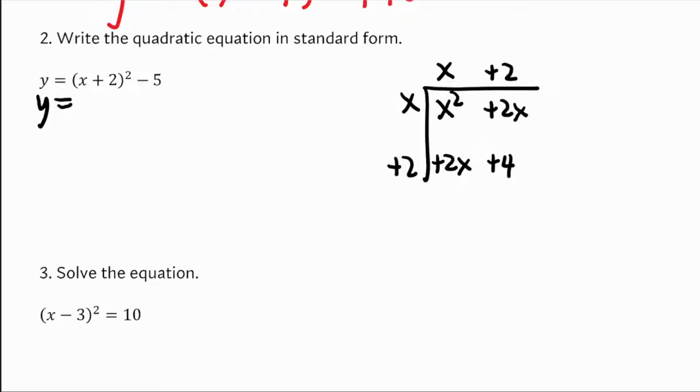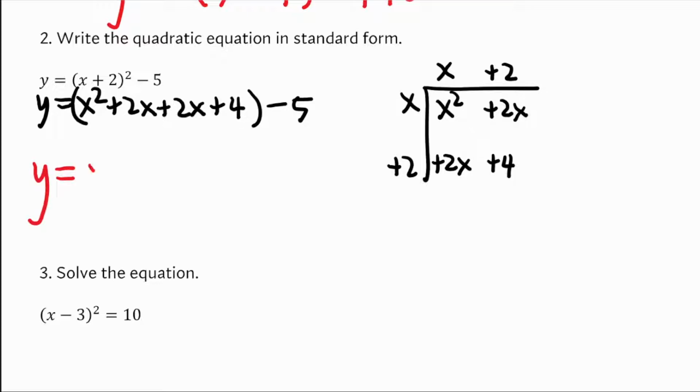So I'll have y equals, just add everything together, x squared plus 2x plus 2x plus 4, okay, that's x plus 2 squared, minus 5. And then I'm just going to collect some like terms, and I'm going to say y equals x squared plus 4x plus 4 minus 5 is minus 1.